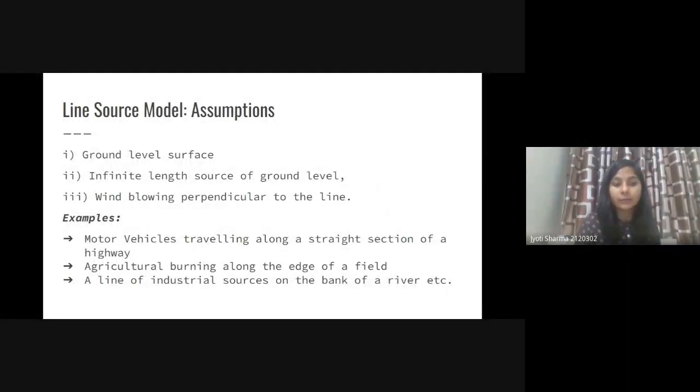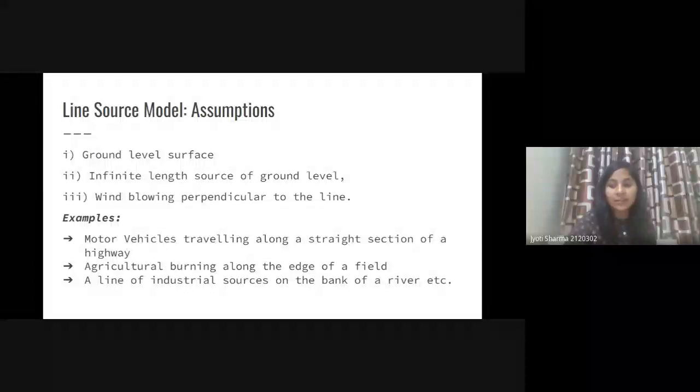Then we have three assumptions. The first assumption is ground level surface. We are not assuming that our line source is at some height, we are just assuming that our line source is at the surface only. Second thing, infinite length source at the ground level. So we are assuming that the length of our line source is infinite.